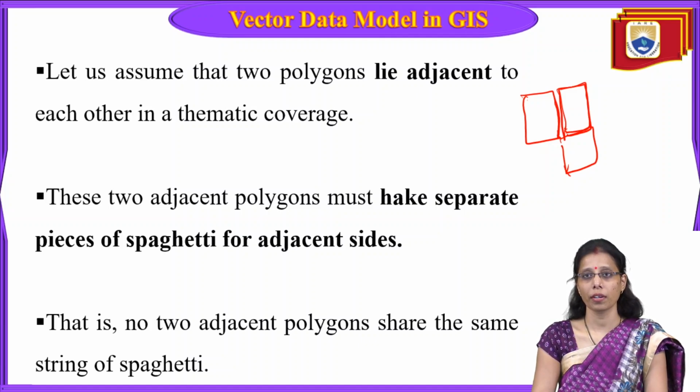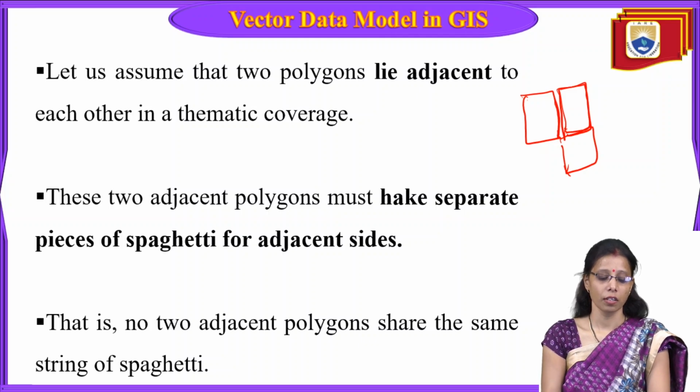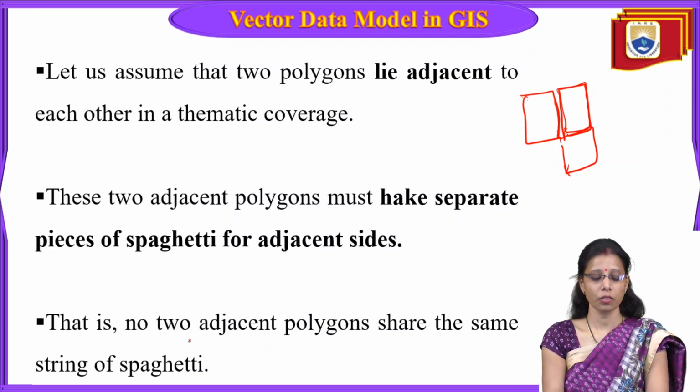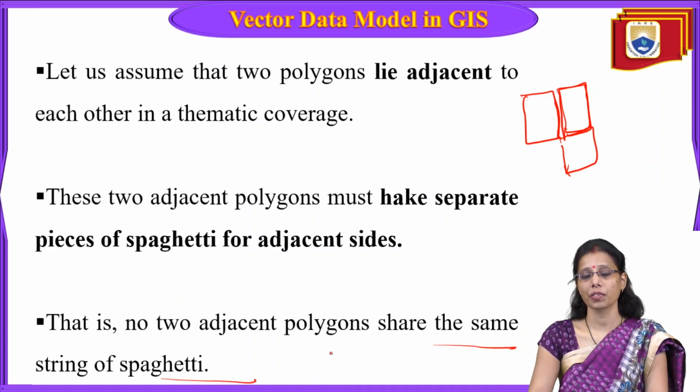There is no boundary common to each other. So no two adjacent polygons share the same string of spaghetti.